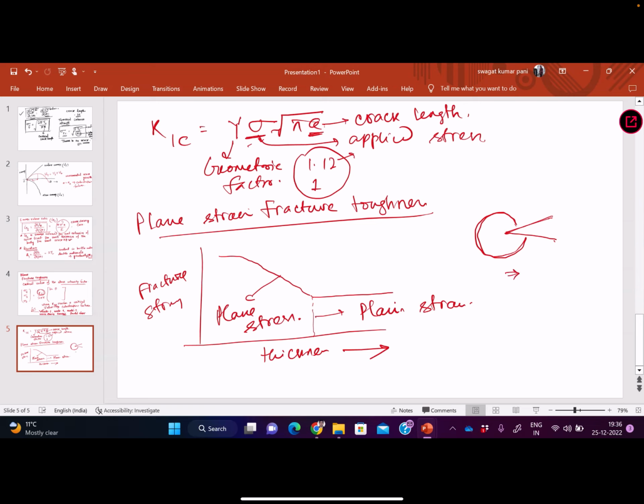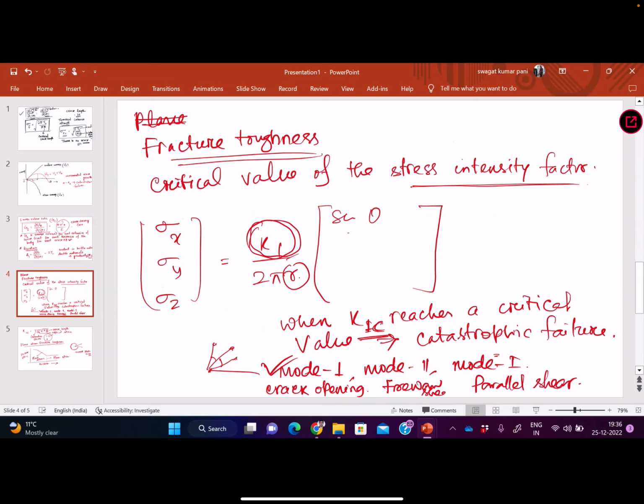So there will be a small plastic zone. Again, there are so many things in this, like the plastic zone you also have to see first. This r_p you can consider, this will be the size of the plastic zone.